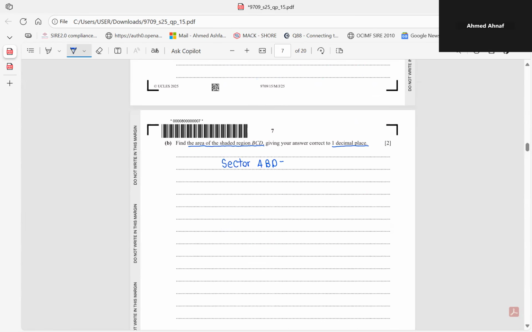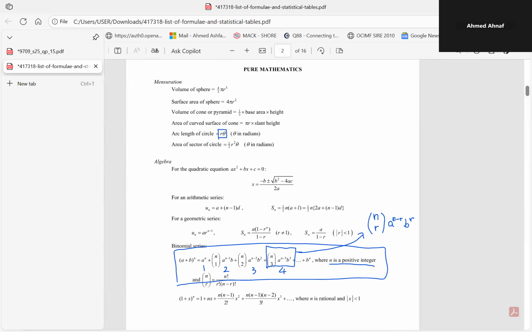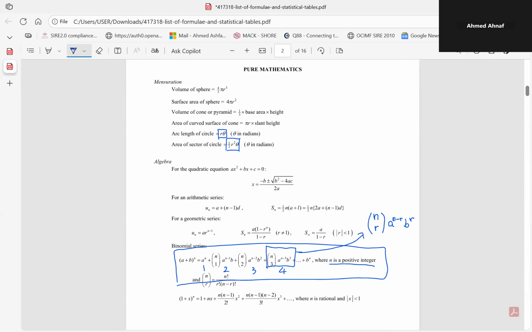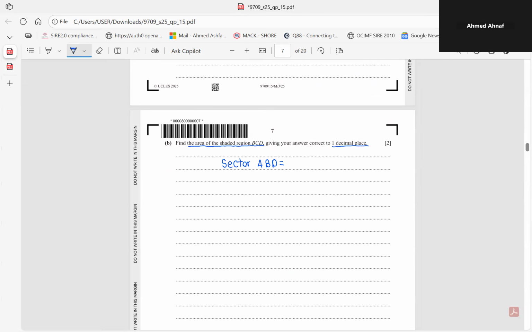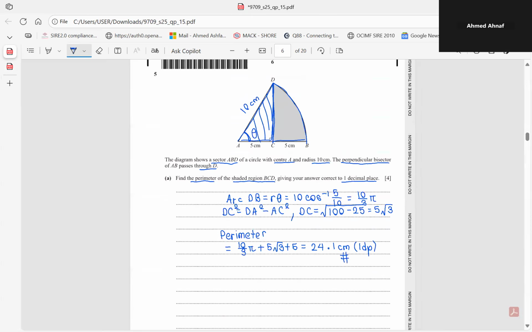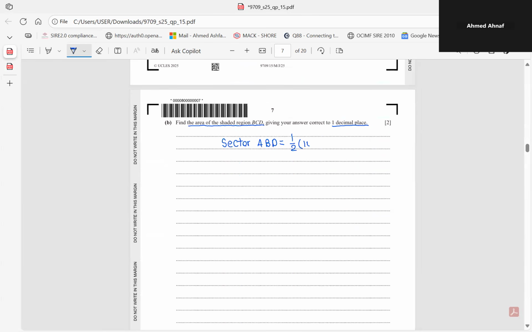To find the area of that, refer to the formula sheet, and we have to use this formula in here. Half r squared theta, and theta must be in radians. So r is just the radius, so that's 10 squared.